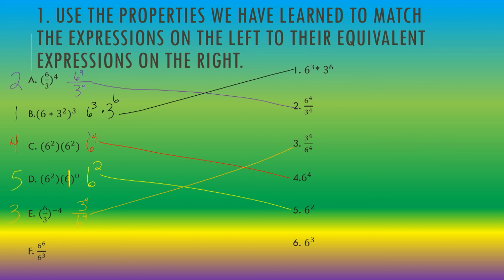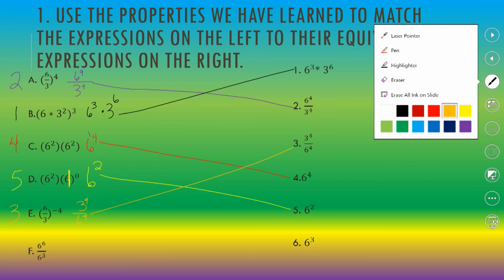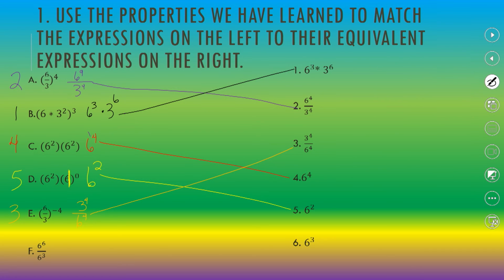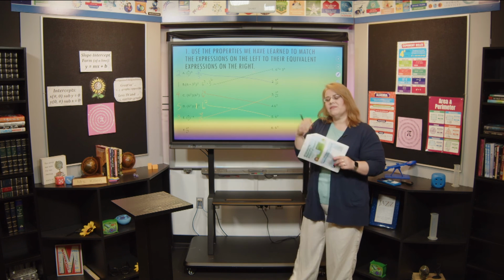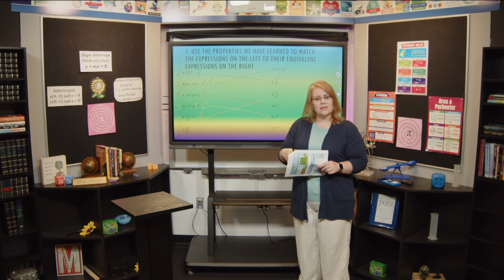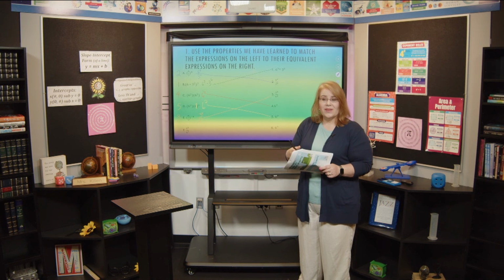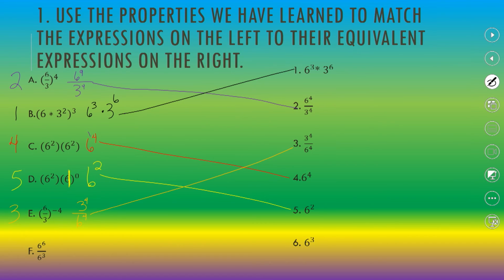All right, last one. Let's get our last color. We'll do this one. Okay, so I have 6 to the 6th divided by 6 to the 3rd. Now, we said when we divided, what do we do with our exponents? I subtract them, okay? So here we go. 6 to the 3rd. So that one is going to go straight across, and that's number 6.